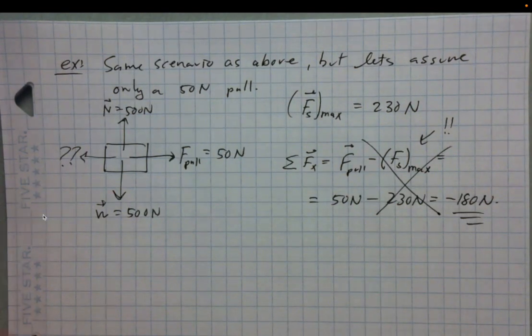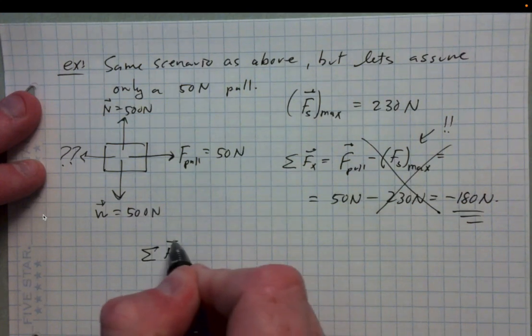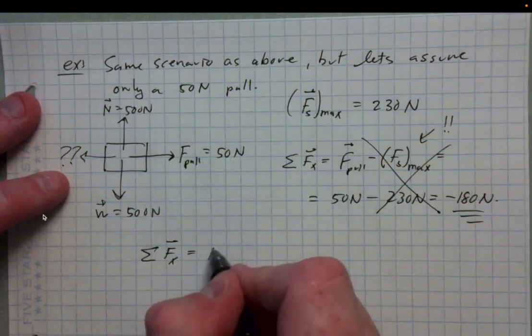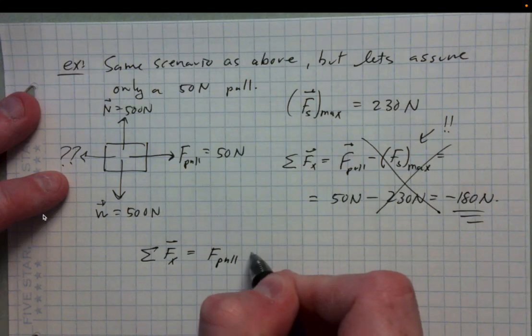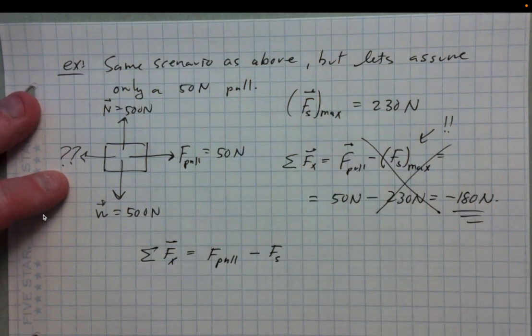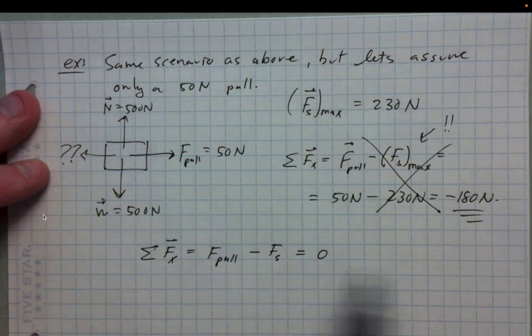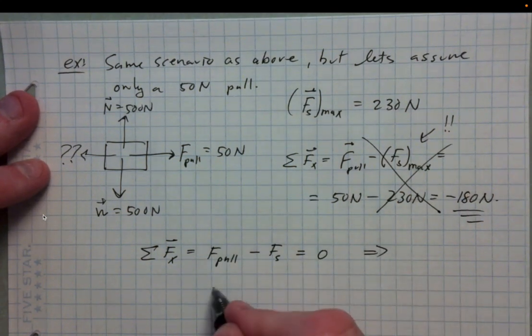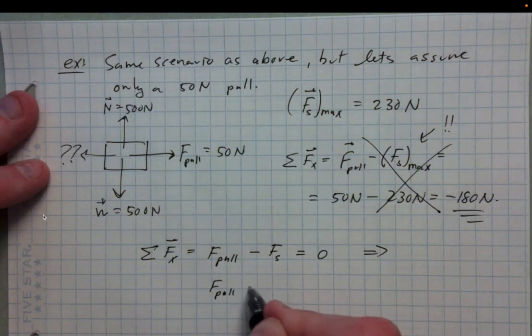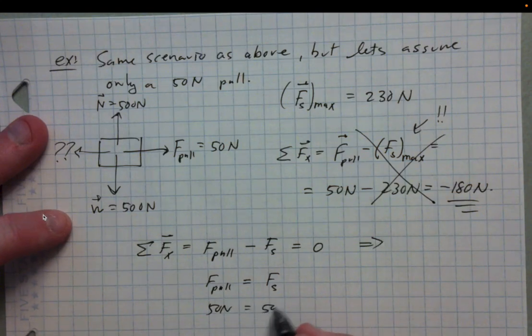So what's really happening is something more like this. I've got the force of my pull, and I know that there's static friction involved because I know that the thing is sitting at rest. And therefore, these are all equal to 0. What's really happening here is my pulling force is equal to my static friction force, right? So 50 newtons, 50 newtons.